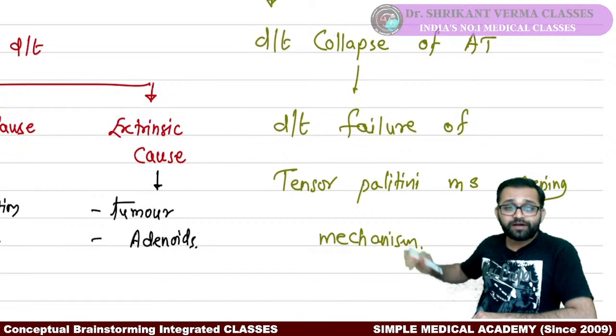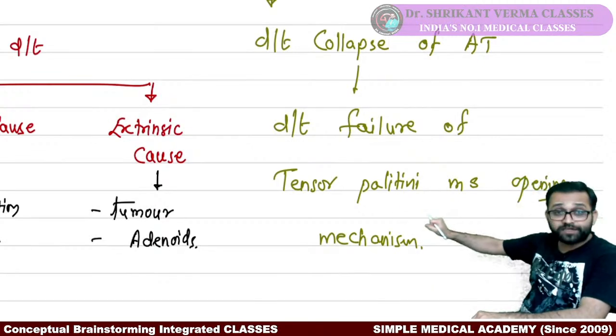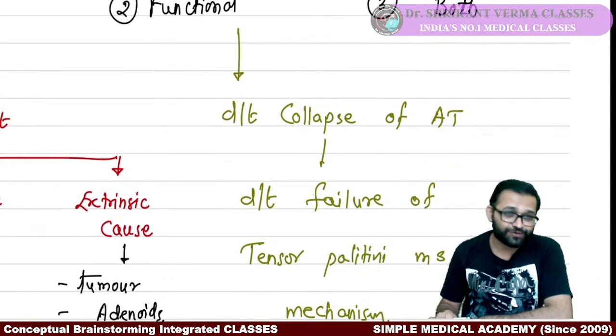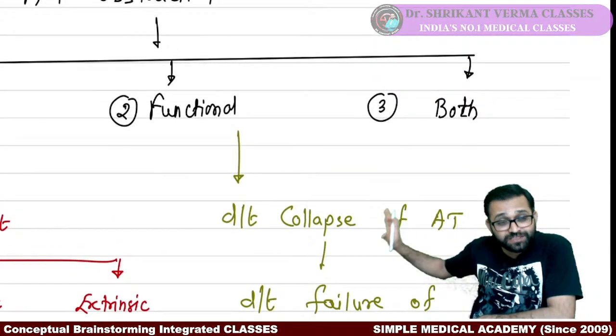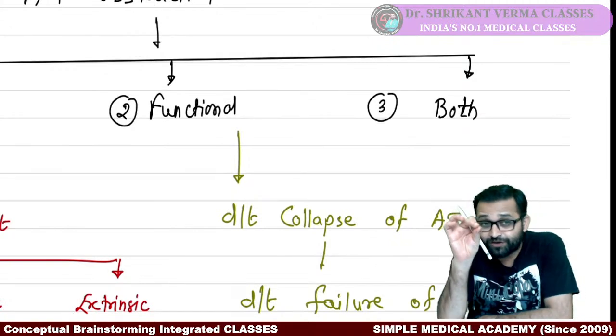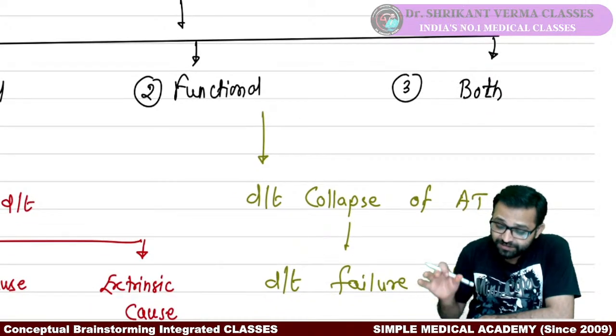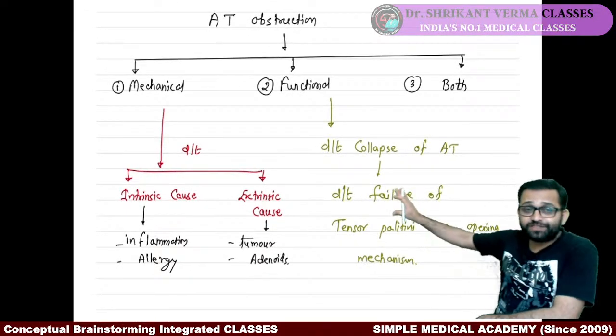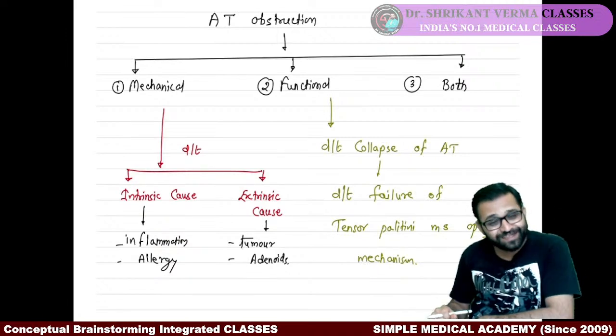Yes, we are all aware that when the tensor palatini muscle contracts, it is responsible for the opening of the auditory tube. So if this function is not working properly, in that condition the auditory tube will not open. And the last is bone. So this is the one table which you can mention for your university exam.